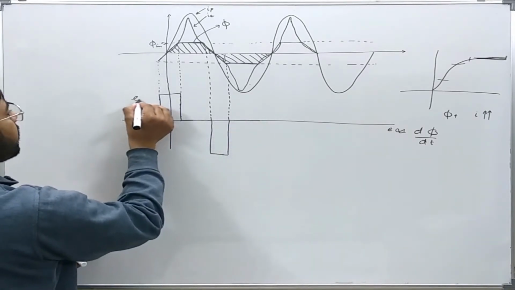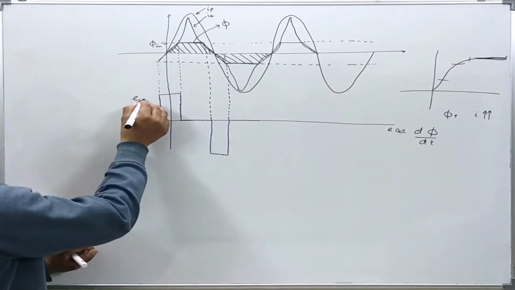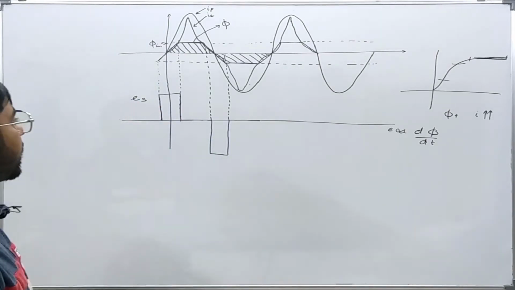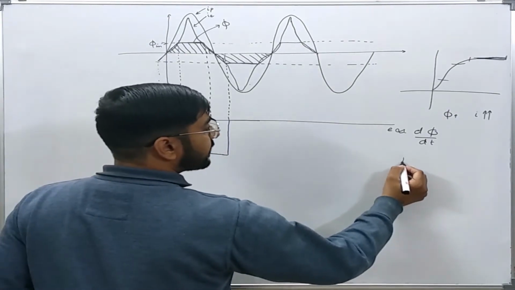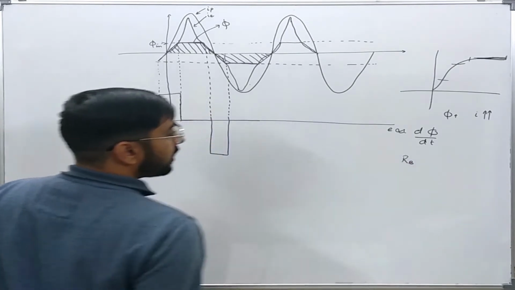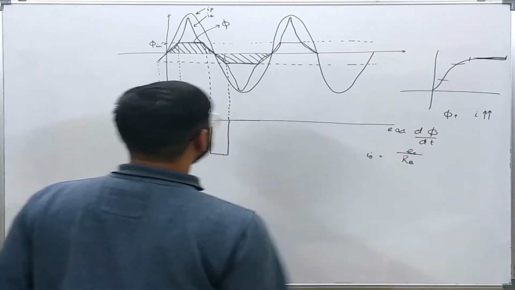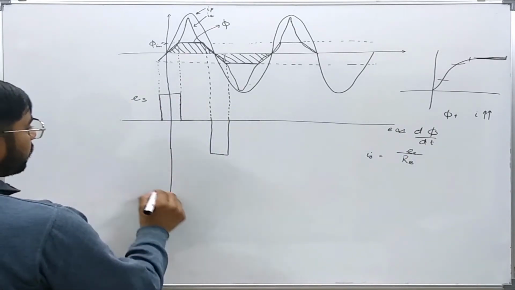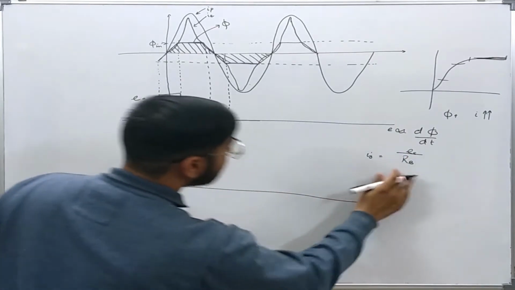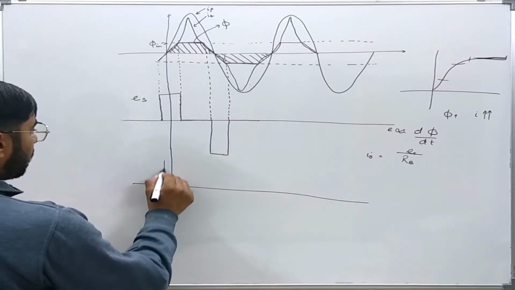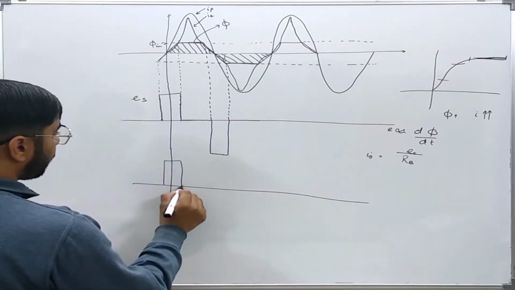So this is the waveform for the induced EMF in the secondary or the primary. Now if only resistance is connected as a burden, then the current will be ES over RB. So current will also be like this in the burden, having this waveform.